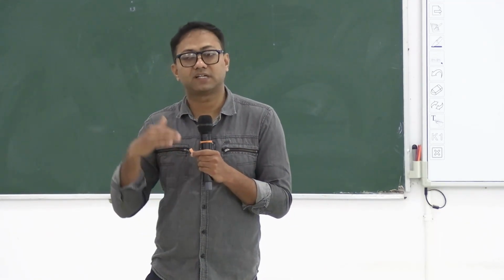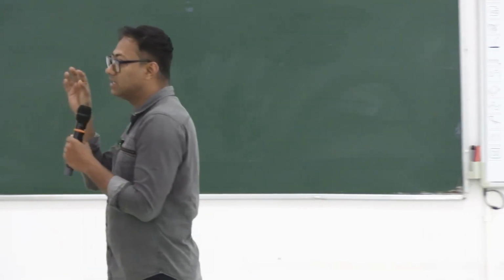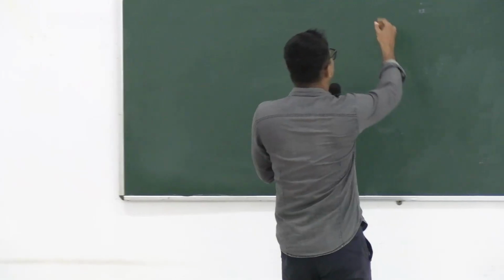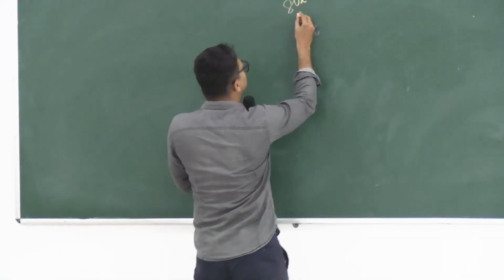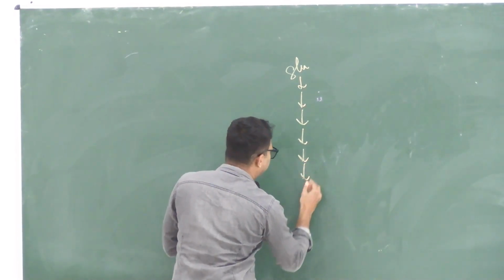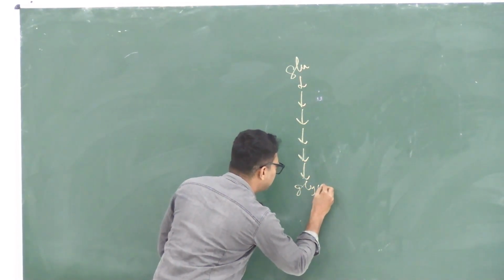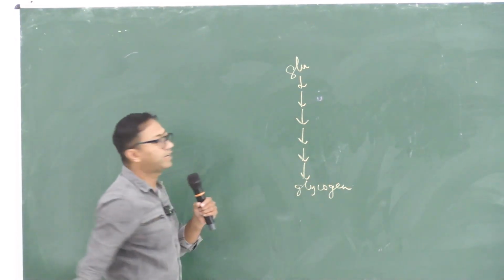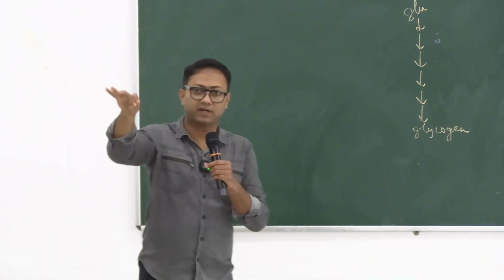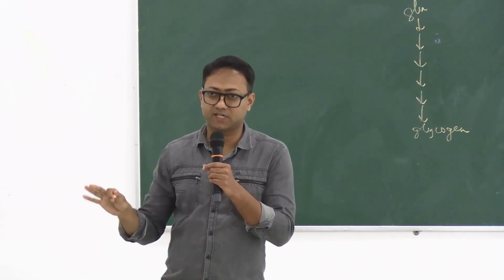To promote glycogen synthesis, I need to act on the enzymes that are involved in glycogen synthesis, ठीक है? So here is glucose. Now there are multiple steps, and it is converted to glycogen, right? There are lots of intermediate substances that are formed.